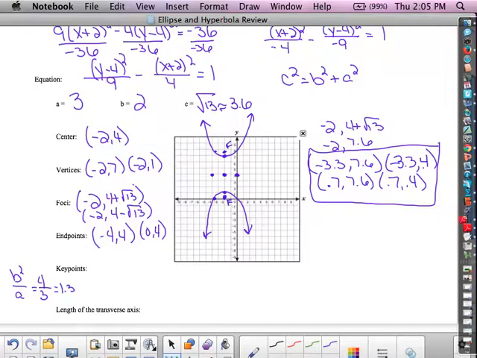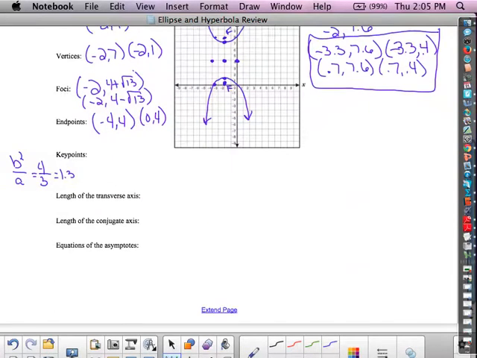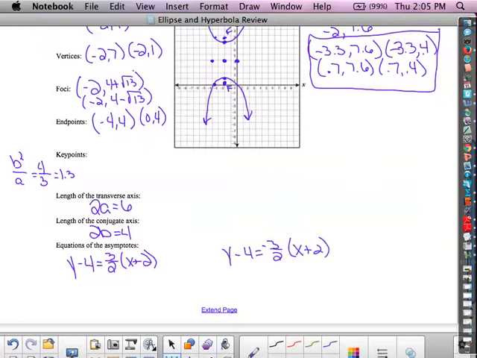The length of the transverse axis is 2a, which is 6. The length of the conjugate axis is 2b, which is 4. The equations of the asymptotes will be y minus 4 is equal to 3 halves (x plus 2), and y minus 4 equals negative 3 halves (x plus 2).